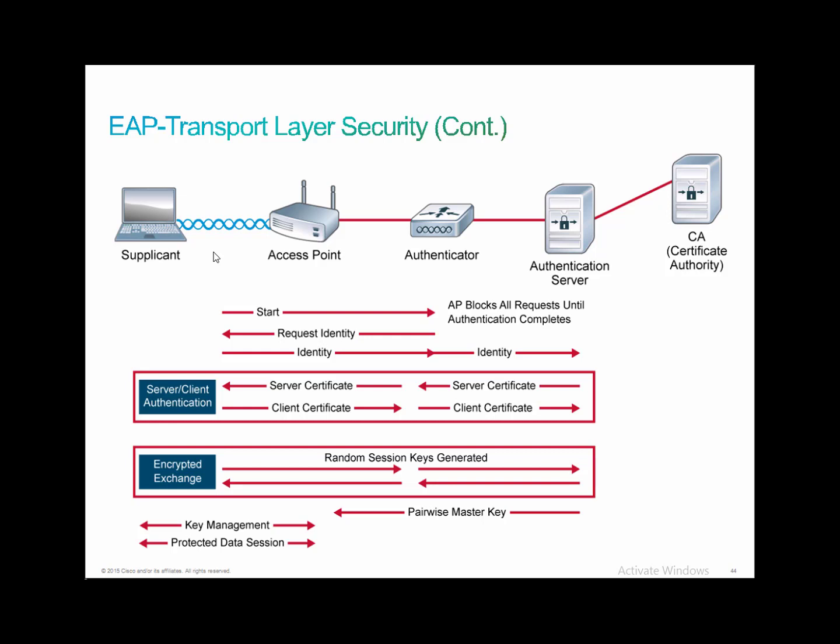From the exchanged certificates, we go through some modulus math and generate some random numbers and so on. Those are exchanged immediately after this authentication phase, and then both ends generate a common value. You can see that towards the bottom of the screen here. It's called a master key or a session key.